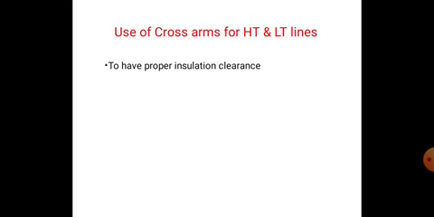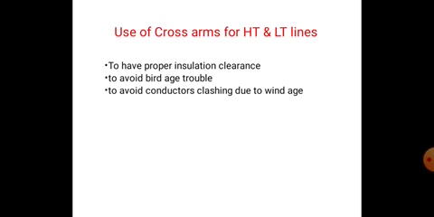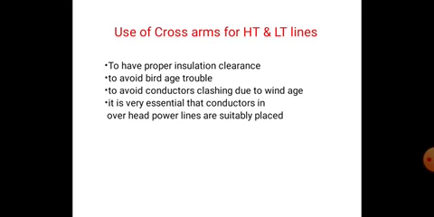Use of cross arms for high tension and low tension lines: to have proper insulation clearance, to avoid trouble, and to avoid conductors clashing due to windage. It is very essential that conductors in overhead power lines are suitably placed.